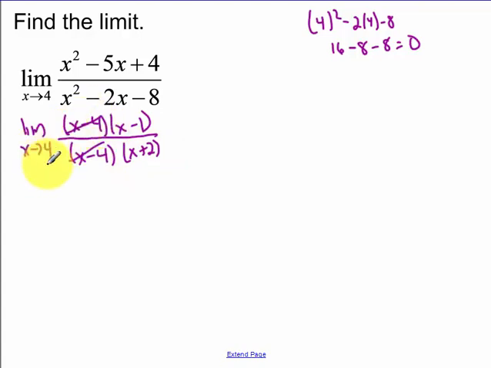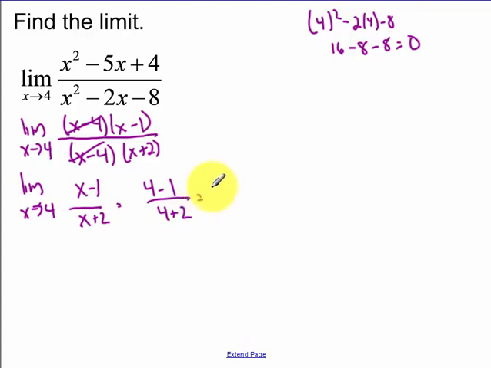A lot of times that factor is going to be what made the bottom 0. So now still writing out that limit until I plug in. Now we go through and we plug in and we get 1/2.